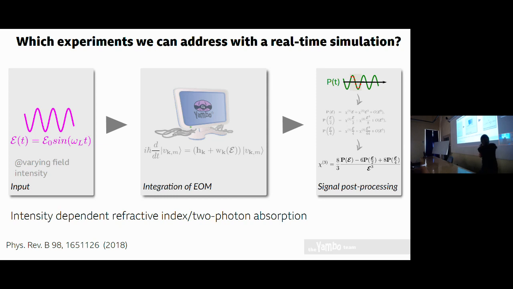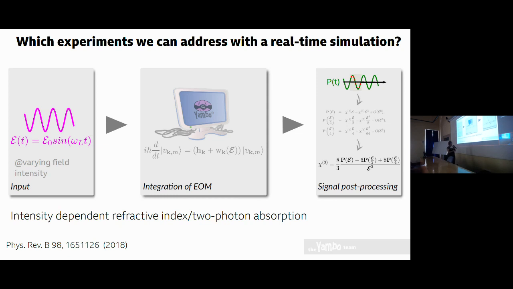So then when we look at the post-processing, we will have the polarization. Sorry, this is very small, but we will have the polarization at different field intensities.